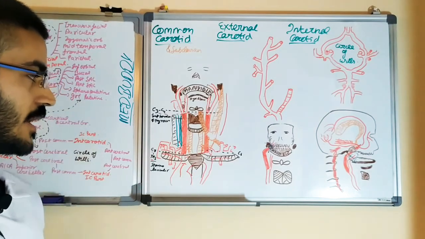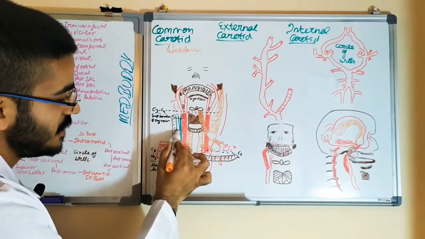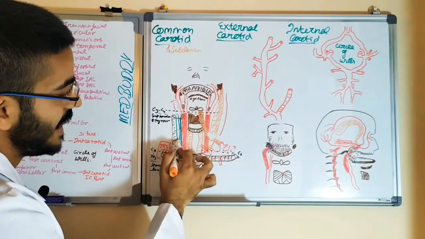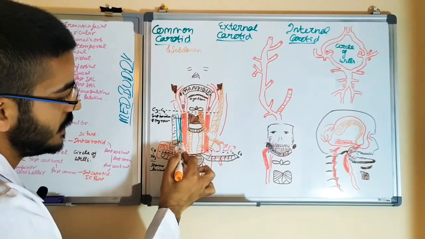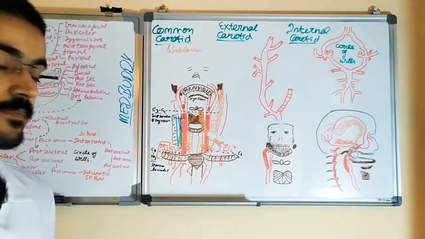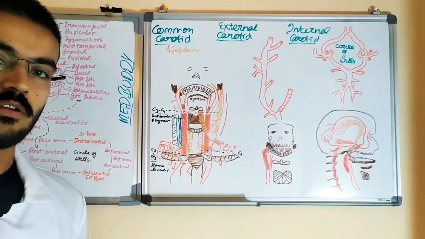The common carotid artery is also crossed from anterolateral to the medial side by the ansa cervicalis. Ansa cervicalis is also called the cervical outflow. So these are the relationships of the common carotid artery.